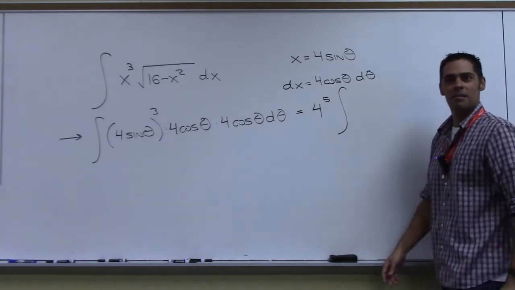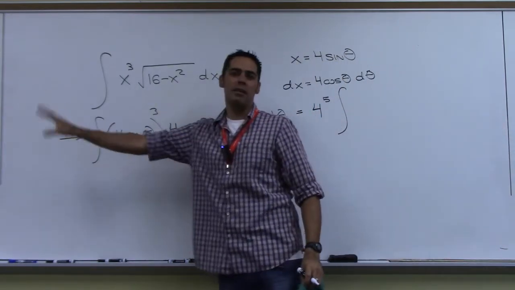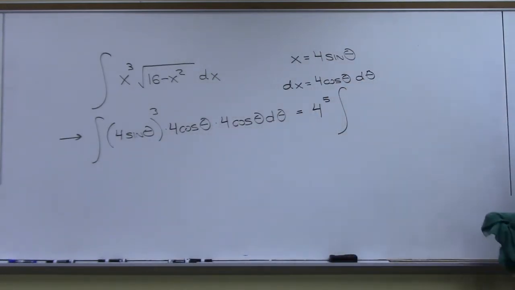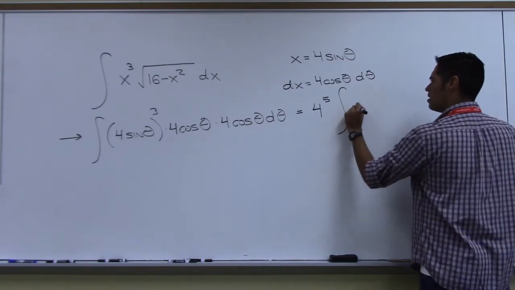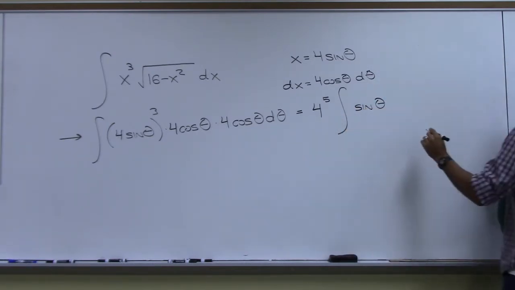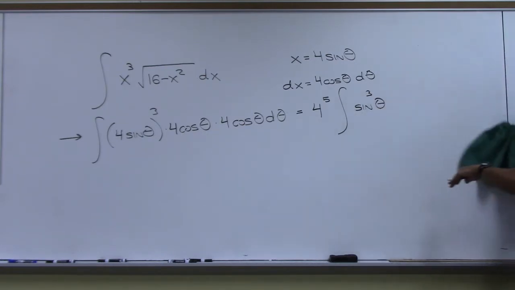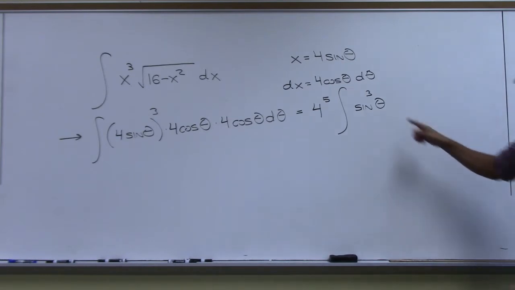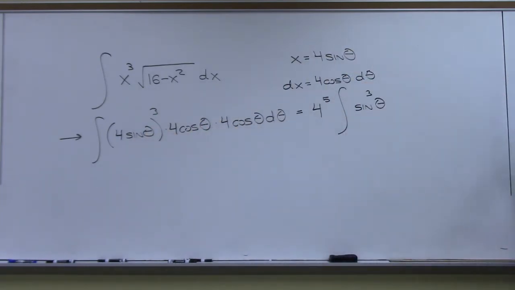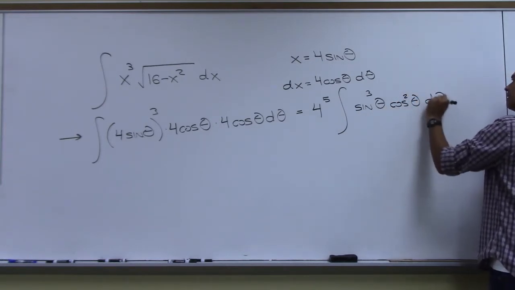Integral. So I took this 4, and the 4 cubed, took them all out of the integral. How many sines do I have in here? Just one, right? Sine theta, that's it. How about how many factors of cosine? Oh, wait, sorry, sine cubed. Ooh, bad boy. All right. I forgot the cubed on the sine. How many factors of cosine do we have? 2. Cosine squared theta d theta.